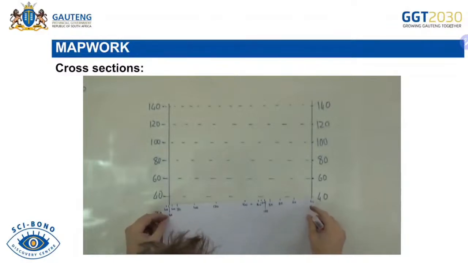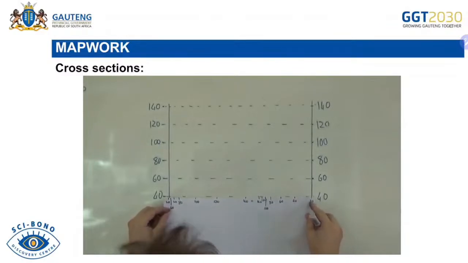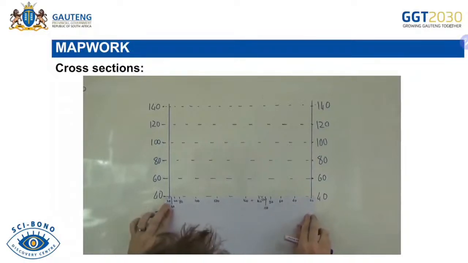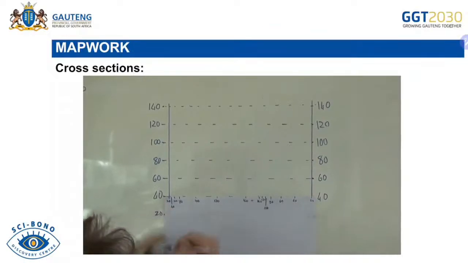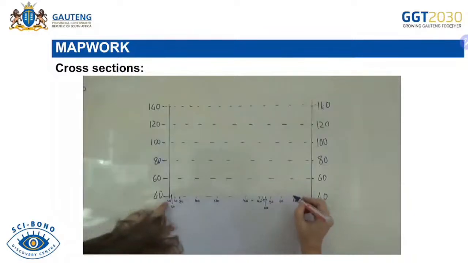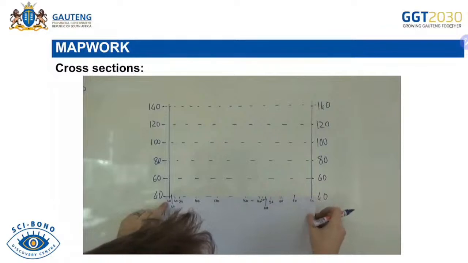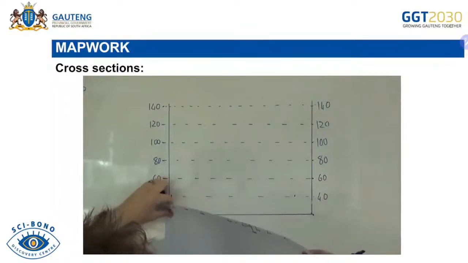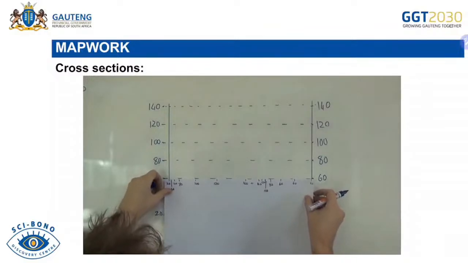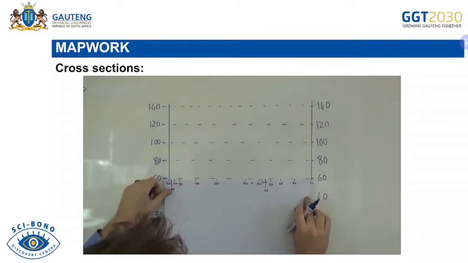Now we are going to move them up. Make sure that you line up your piece of paper as accurately as possible. And here is where we are going to make the next marker. There we can see this is 40. 40 is over there. And then we move the paper up once more, up to 60.